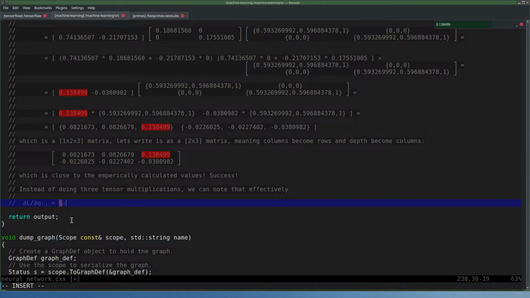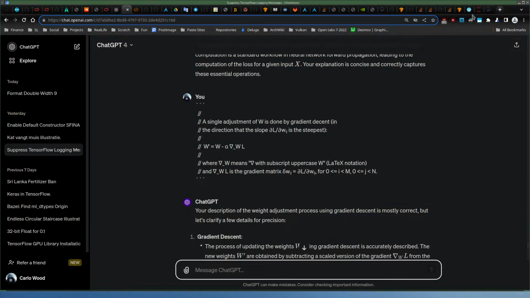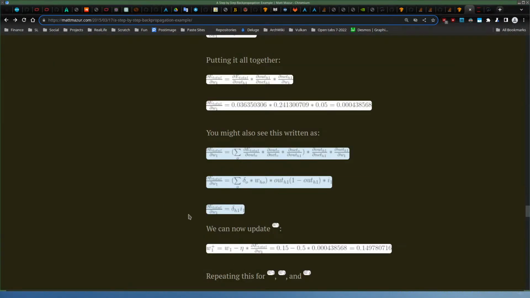And then multiplied by the inputs. Let's see, yeah, the input that belongs to that weight.